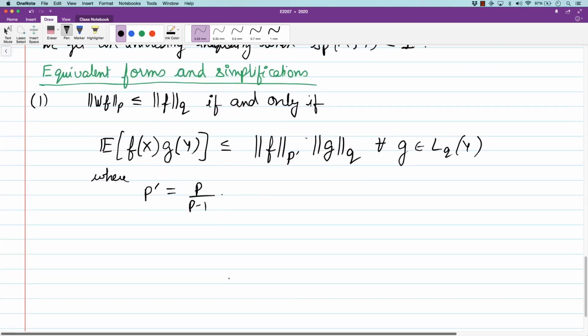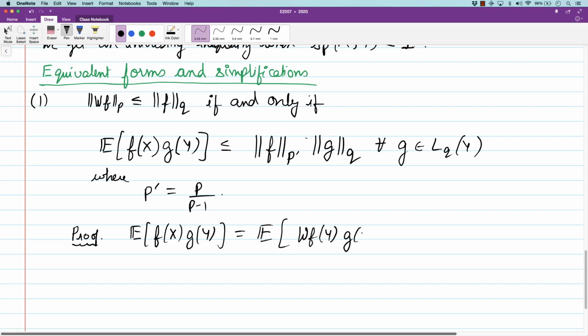So how do we show this? The proof is easy. This is just Hölder's inequality. Suppose this holds, then the expected value of f(X) g(Y) equals the expected value of Wf(Y) g(Y), because this is the conditional expectation, and when you take the conditional expectation given y, g(Y) comes out because it's a constant given y.